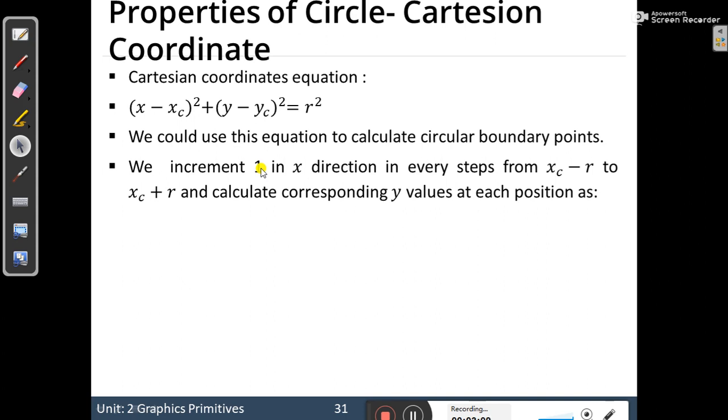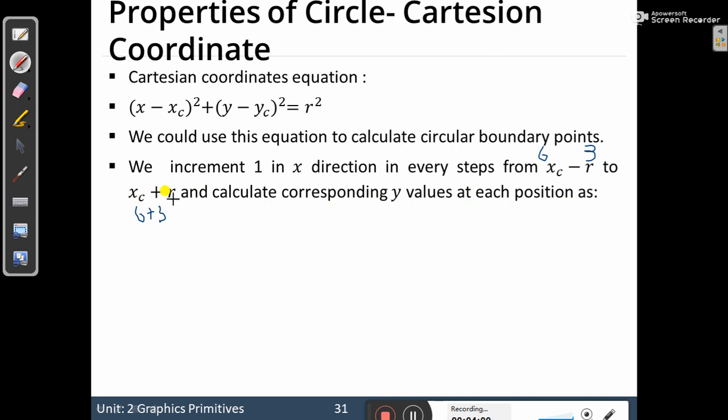Suppose xc is 6 and the radius is 3. Then 6 minus 3 is the left side of the center, to xc 6 plus 3, which is 9, the right side of the center, and we calculate the corresponding y value at each point.